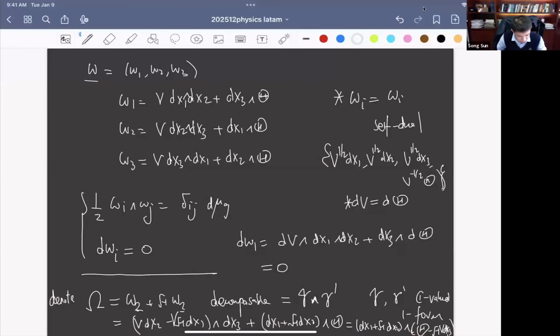Okay, and it's closed. So that's saying it will define a complex structure. So how do we define an almost complex structure?